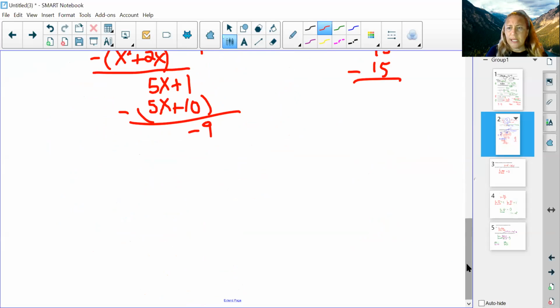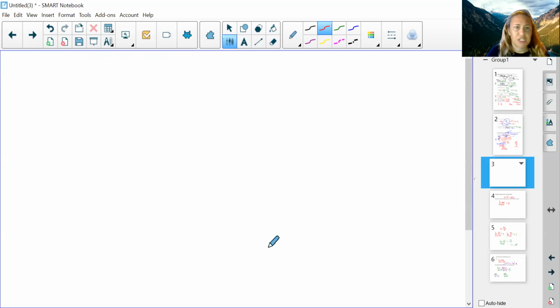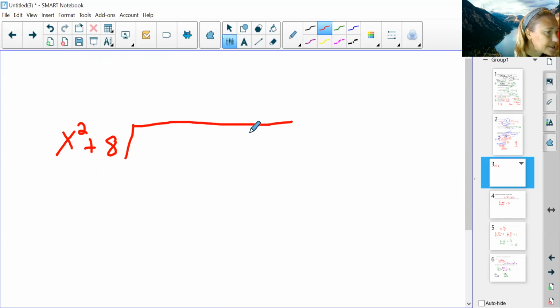Okay, so in letter C, why don't I get a whole fresh page? I am going to divide x squared plus 8 into x cubed minus 2x squared.